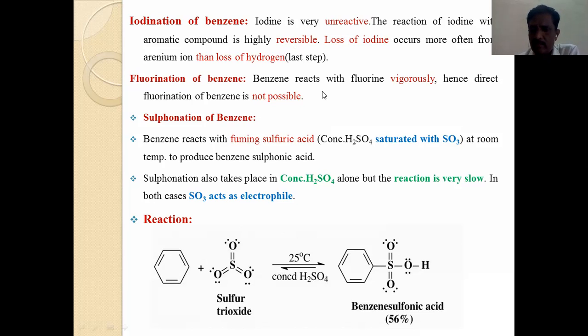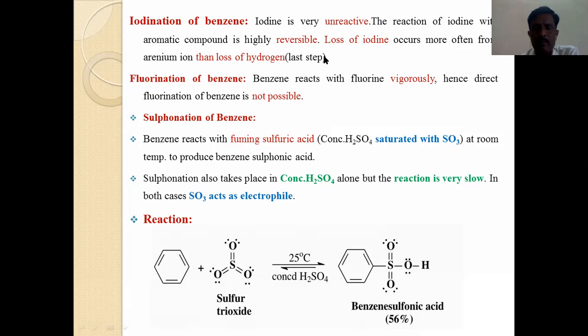There are 2 reasons for the failure of the iodination reaction. The first reason is that iodine is less reactive or unreactive. Another is that the reaction on benzene is reversible. Instead of loss of hydrogen, there is a loss of iodine. So if there is a loss of iodine, there is no substitution reaction, and that's why iodination of benzene is not possible in an easy way.